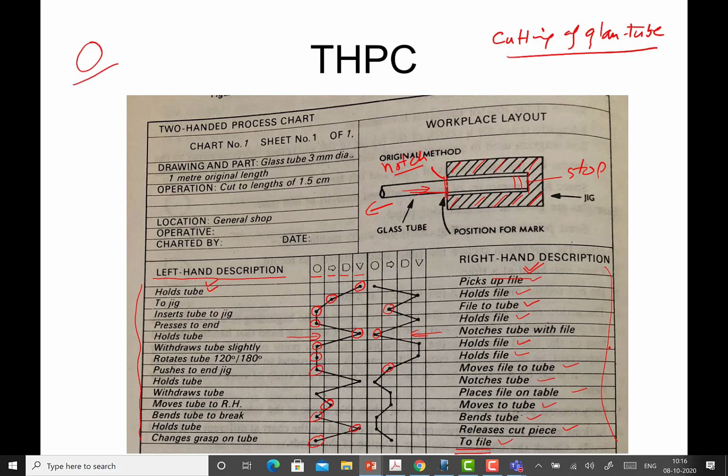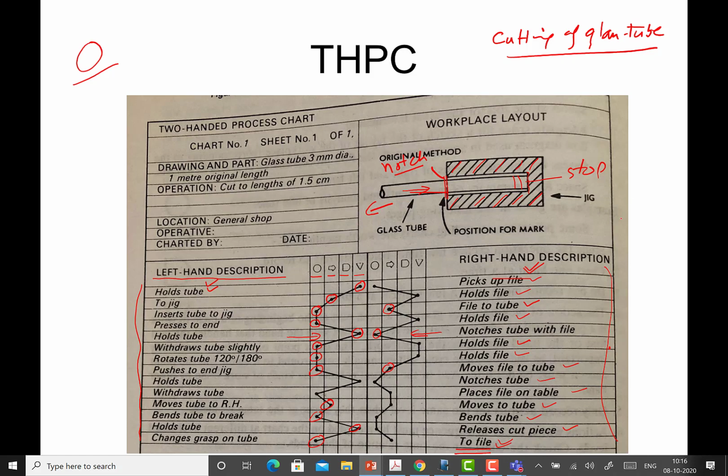Okay, and this also includes the file being used. The right hand, using the file, does the notching, then the file is dropped on the table, and then the tube is bent by the right hand to break it, and then again it goes to pick up the file.